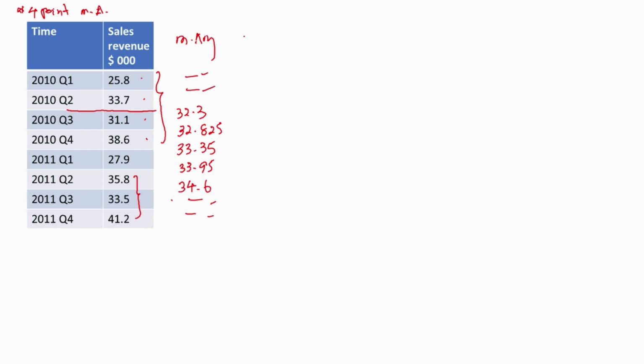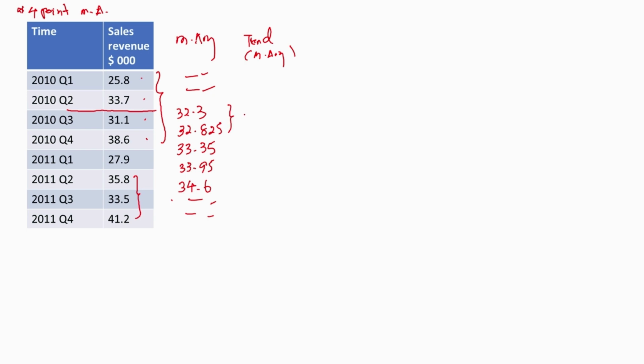Then we have to calculate the average again. So this will be the trend. This will be the moving average trend. Now we are going to consider two values at a time. Very important thing to know: do not consider 4 points here again.